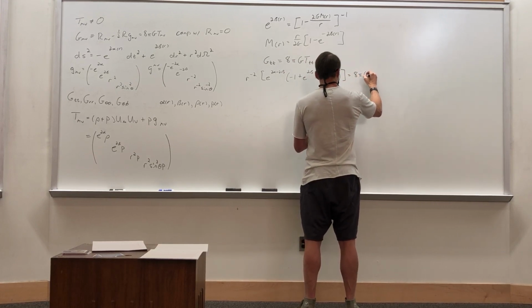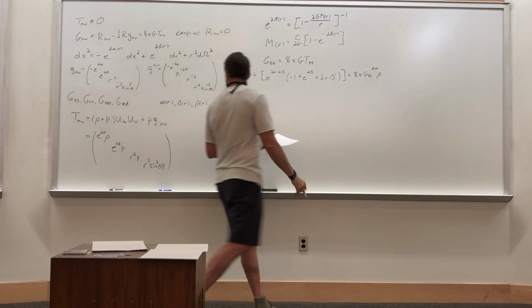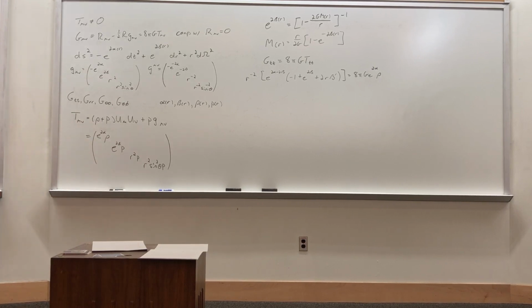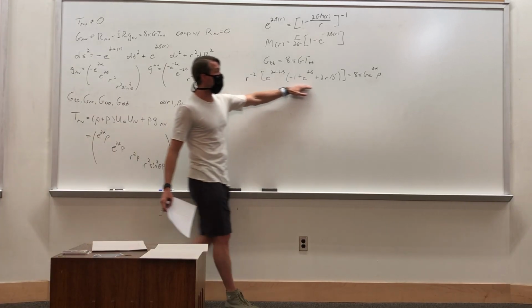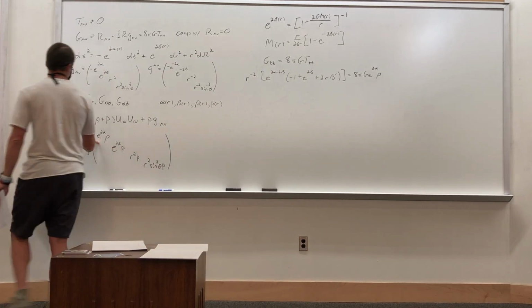That's equal to 8 pi G e to the 2 alpha rho. The TT component. So this is my first use of Einstein's equation. This came from Mathematica, from taking 8 pi G and multiplying it by the TT component of the energy momentum tensor.